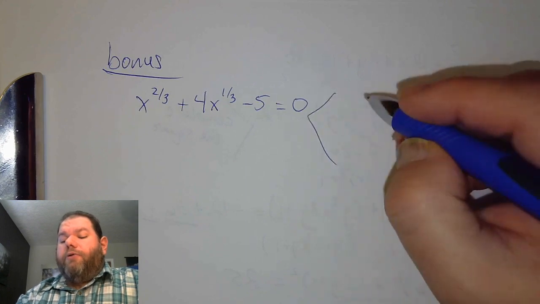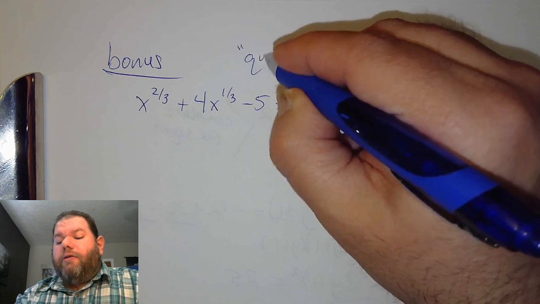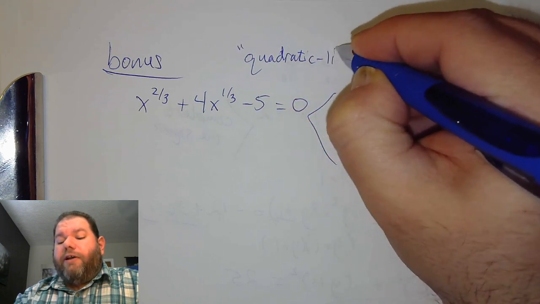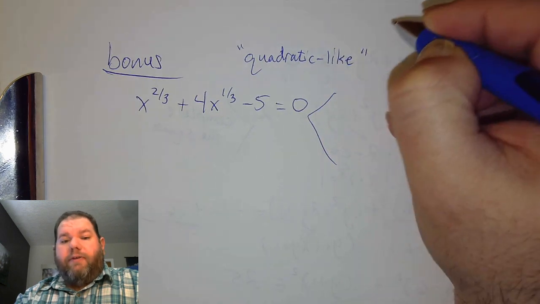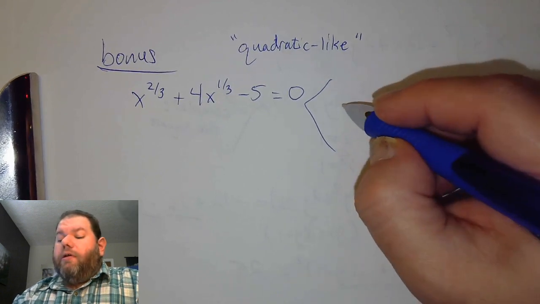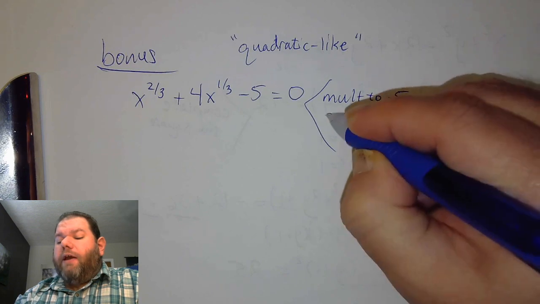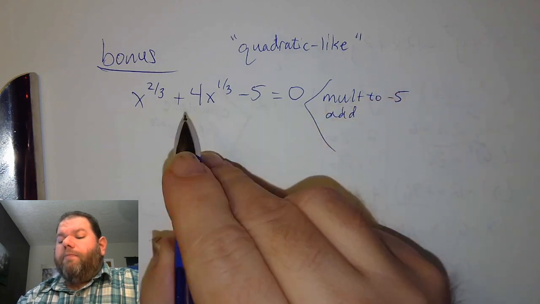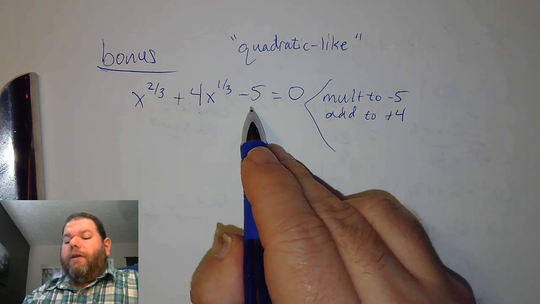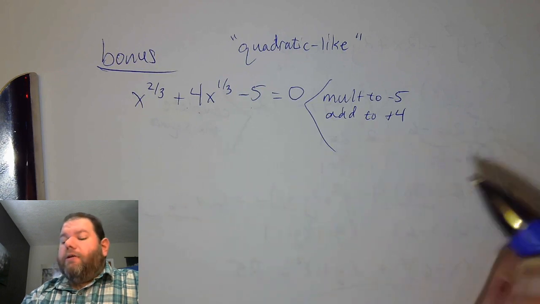Now, again, we're doing a factorization. This is quadratic-like, meaning it's not quadratic, but we can solve it using the same approach. So we need two numbers that multiply to negative 5 and add to positive 4.